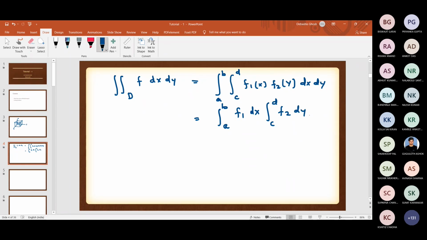We can separate this integration and then compute. So that is your repeated integral.